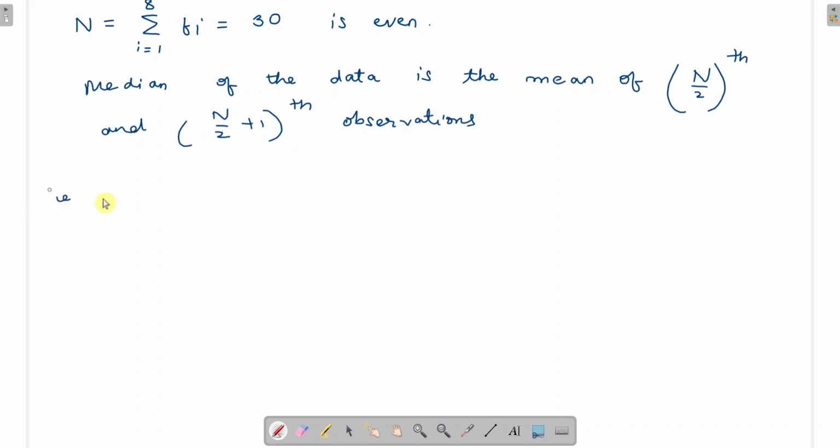So that is the mean of the 30 by 2th value and the 30 by 2 plus 1th value.